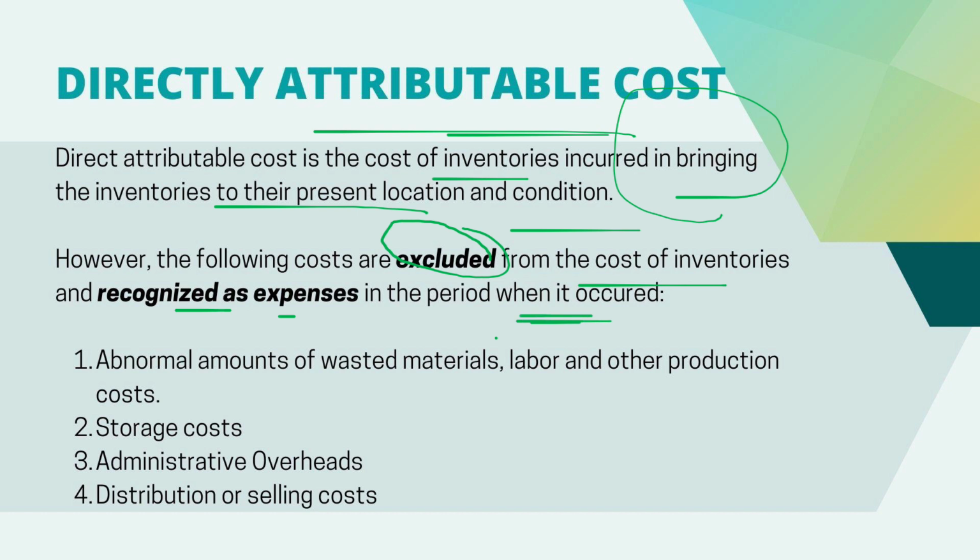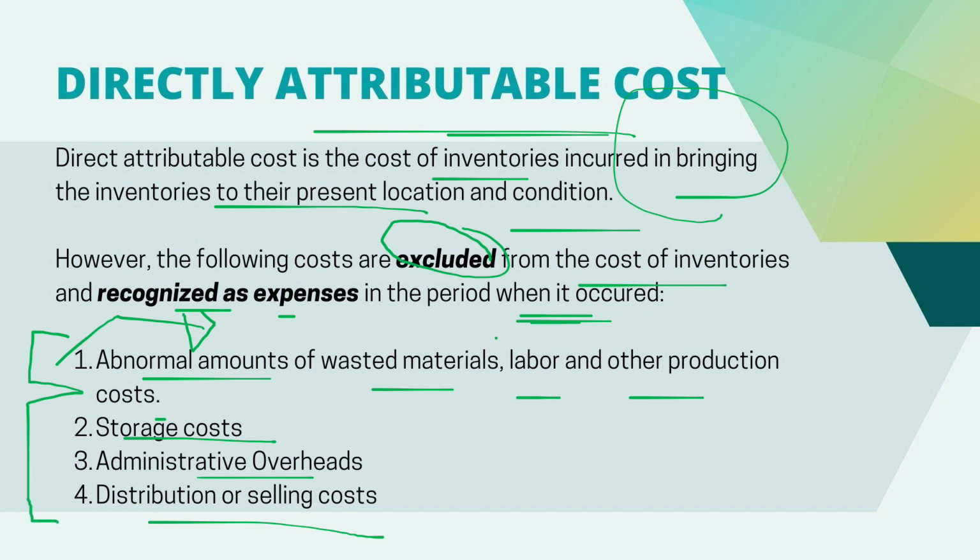Number one, abnormal amounts of wasted materials, labor, and other production costs are recognized as expense. Hindi po siya part ng inventories. Storage costs, administrative overhead, distribution or selling costs: these are not capitalized. These are to be recognized as expenses when incurred.